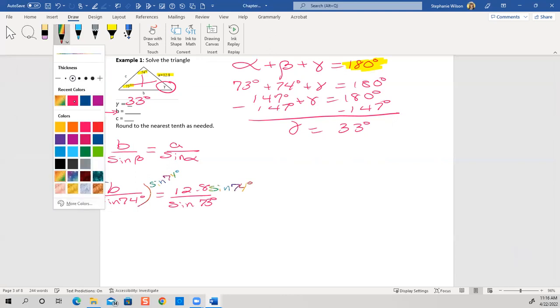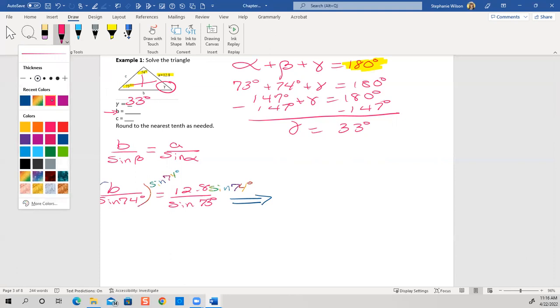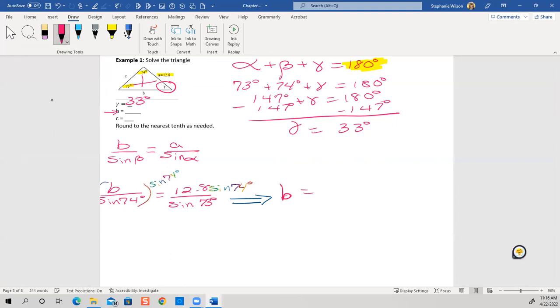All right, now that I've done that, I'm going to rewrite this right quick. So now I have B is equal to 12.8 sine 74 degrees divided by sine of 73 degrees.